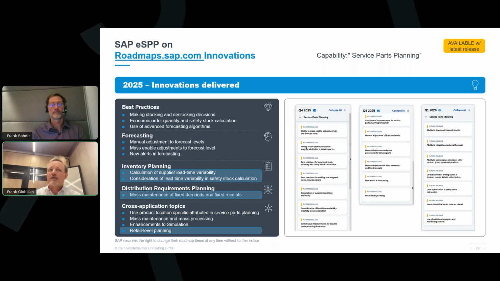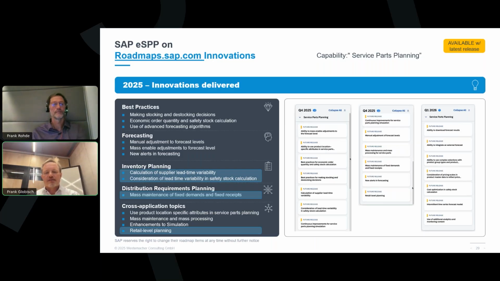I would like to highlight a couple of them related to today's session, especially in regards to inventory planning, as we looked at the multi-stage optimization, and also a cross-application topic around retail level planning, because as Frank pointed out, getting data and parts back from the dealer, from the customer level, allows us to save money, save investments, and do a repair or buy decision in order to fulfill demand.